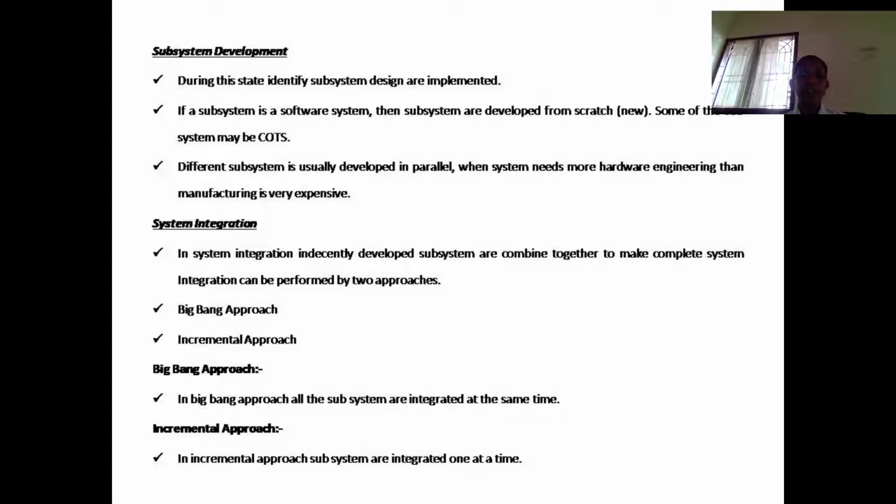It can be performed by two approaches: the Big Bang approach and the incremental approach. In the Big Bang approach, all the subsystems are integrated at the same time. In the incremental approach, the subsystems are integrated one at a time.